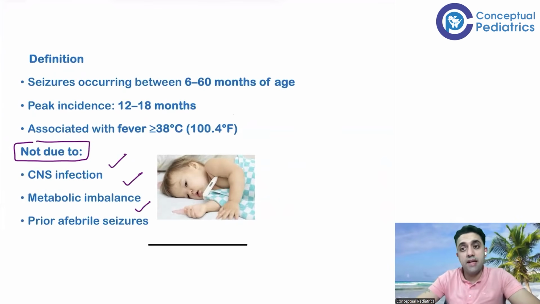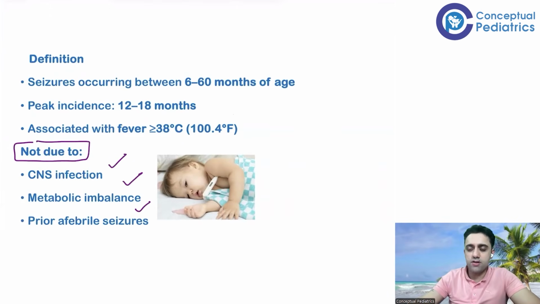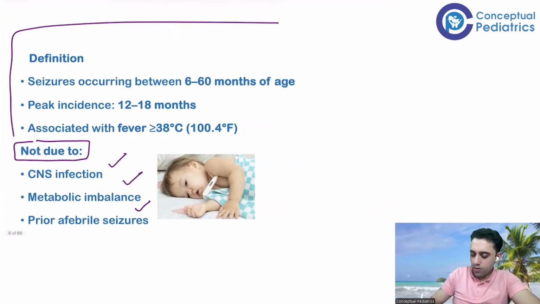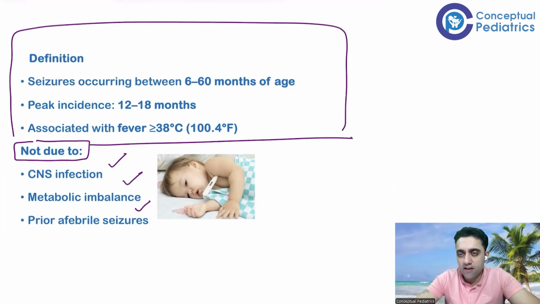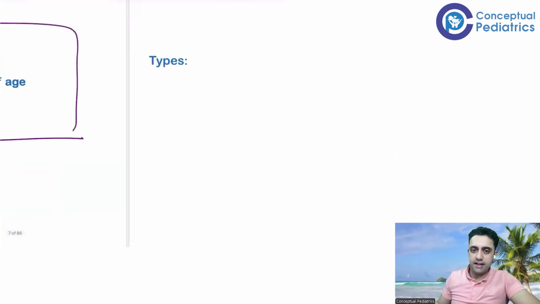So it is not associated with CNS infection, not associated with metabolic imbalance, and not due to prior afebrile seizure. In simple words, this is the definition of febrile seizure in the introduction. You should write: 6 months to 5 years, peak incidence around 1.5 years, and associated with fever of more than 38 degrees Celsius.